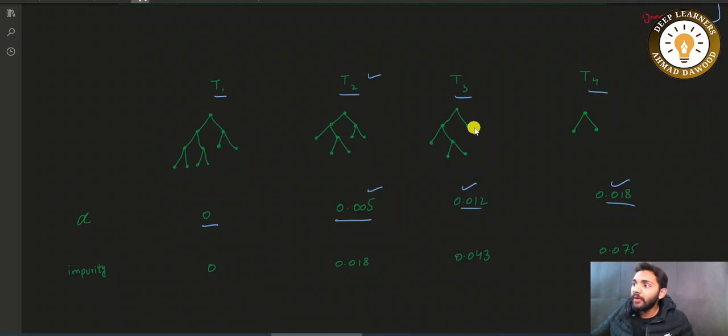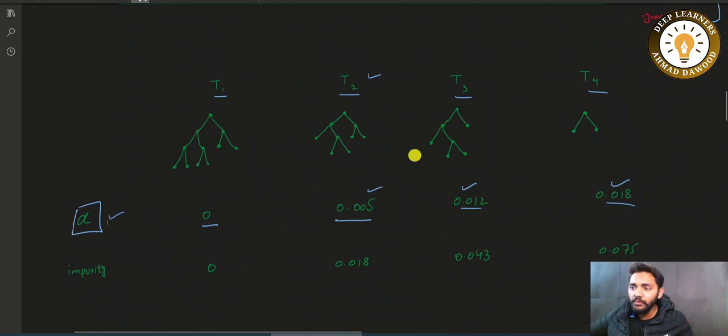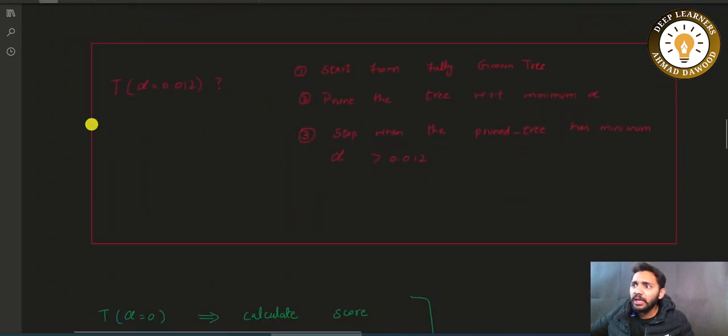Okay, so you have a number of trees, or in other words you can also say that you have a finite number of alpha values. Now if I ask you to draw a tree, or build a tree which has alpha value 0.012, how can you get that particular tree?